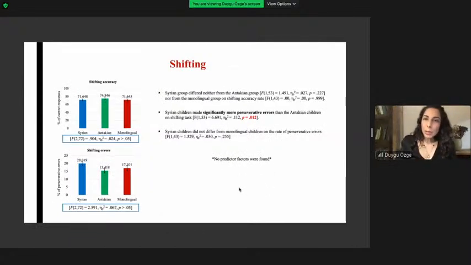Okay, so this was interesting. Looking at their shifting ability, again we didn't find any differences between the Syrian group and the Antakyan group on shifting accuracy, but looking at perseverative errors, we saw that Syrian children were poorer, so they made more perseverative errors than Antakyan children. So non-refugee bilinguals were better at shifting from their initial choices, giving up their initial choices and reconsidering an alternative choice.